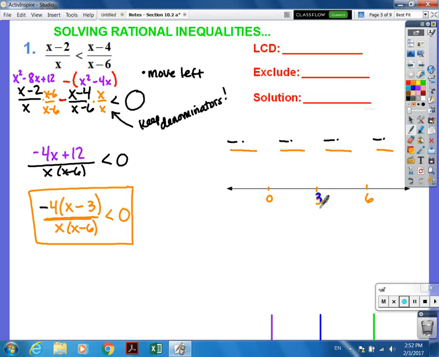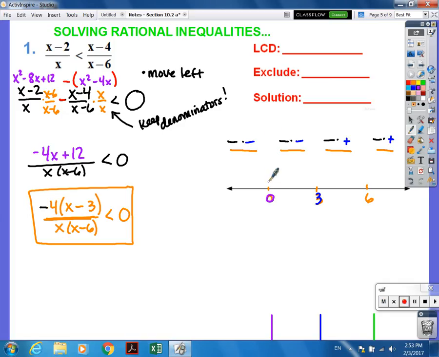So let's compare ourselves to different variables. Say I focus on the 3. The 3 came from the upper right-hand term. So if I look to the left of 3, I'm going to put negative signs. If I look to the right of 3, I'm going to put positive signs in that location. If I think about the 0, that number came from the lower left factor.